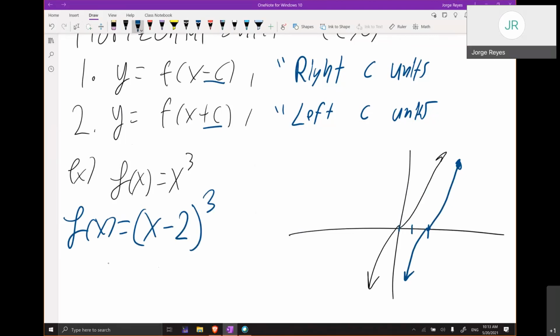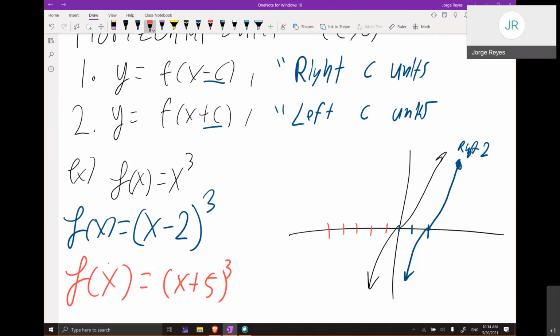And if I have f of x equals x plus 5, that means go left 5 units. So left 5, right 2.